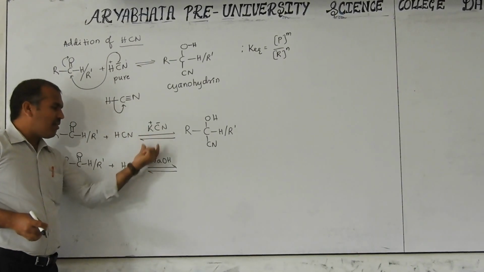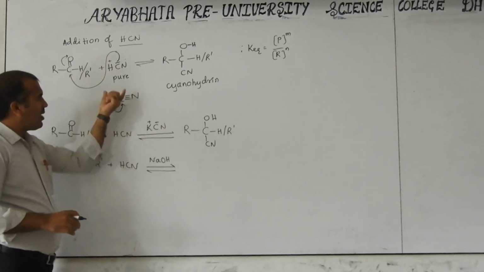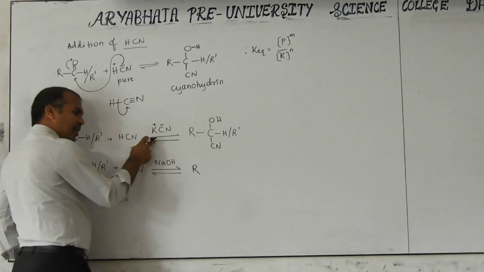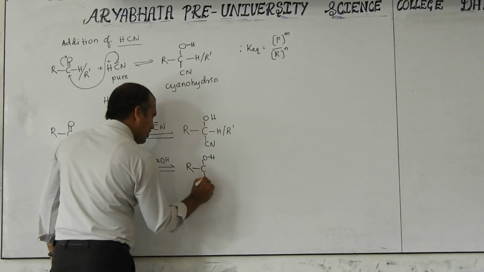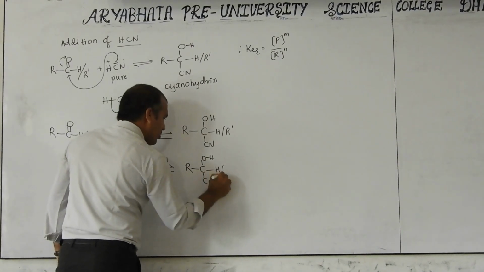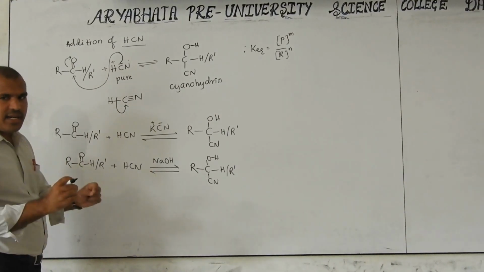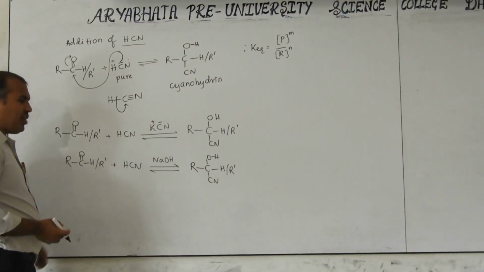If you add KCN or NaOH, the rate of reaction increases compared with the pure form. How it is linked was already explained here; I will explain for this also. The product formation is the same. There is no difference. This is an addition reaction, not elimination or substitution. We already know the meaning of addition.